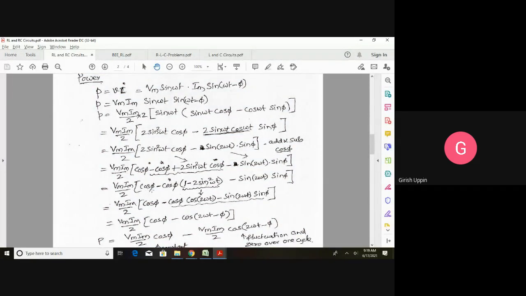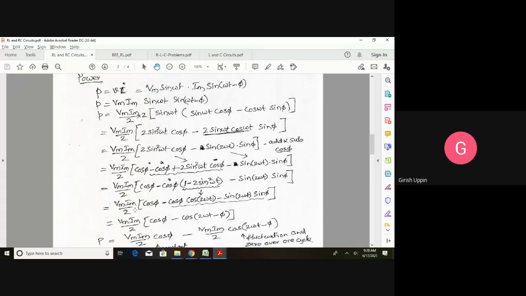This cos phi will remain as is, minus cos phi. So out of these two, we have cos phi here also. I will take out that common factor, cos phi. What remains here is 1 minus 2 sin square omega t, inside the parenthesis, and this will remain the same, minus sin 2 omega t into sin phi. This will get simplified as, we know that 1 minus 2 sin square omega t is cos 2 omega t.